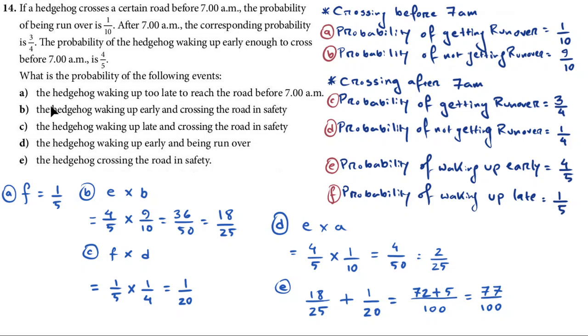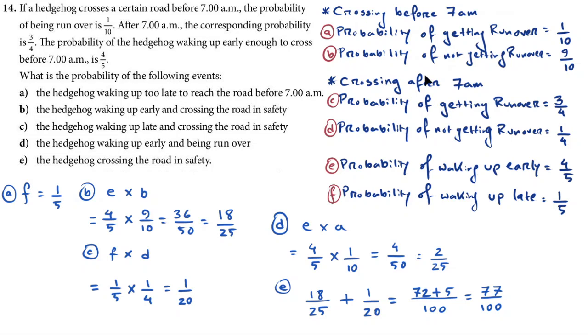Now for part B, the question says what is the probability of the hedgehog waking up early and crossing the road in safety. So as we know from the AND and OR rule, AND means multiplying and OR means adding. So if it says the hedgehog waking up early and crossing the road in safety, so waking up early was 4 by 5, which is E. So I wrote E, and crossing the road in safety.